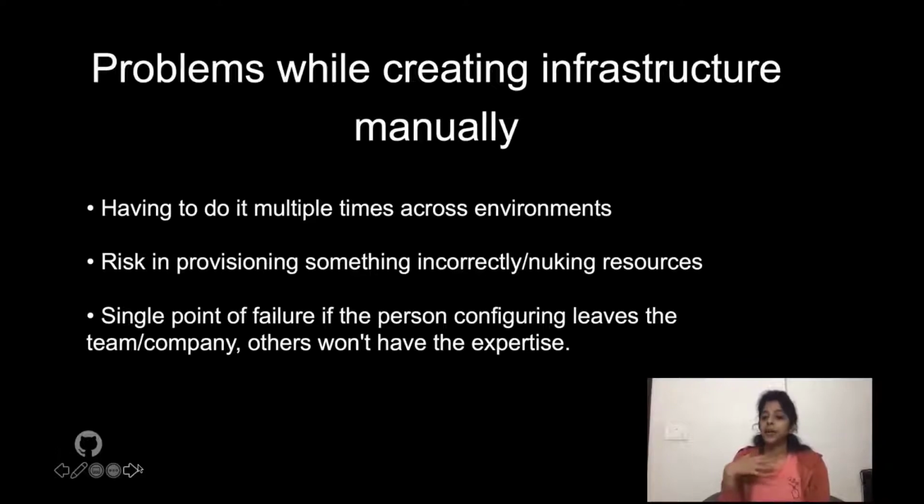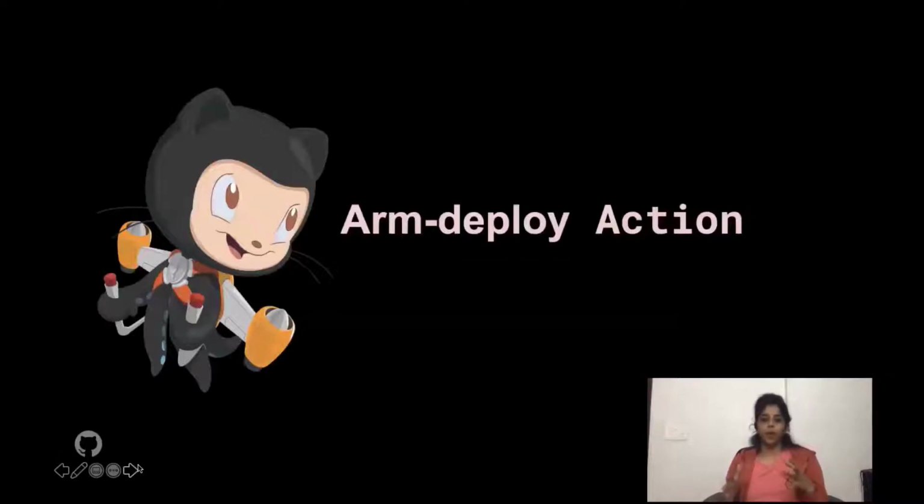So understanding that there might be different problems, and that different companies are coming up with different tools as solutions to these kinds of problems, we have something called the ARM deploy action by GitHub. Yes, it comes to the rescue, and it is not very complicated to use, as now we know what actions are and what the components of actions are, be it the trigger, the jobs, and the steps.